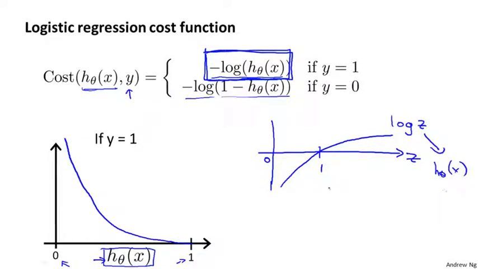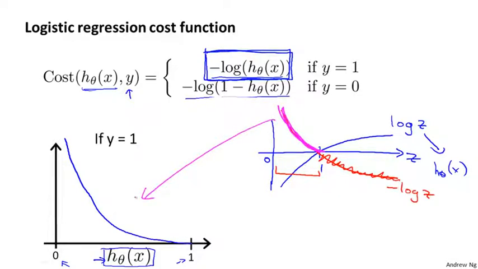And so minus log z will look like this, right? Just flipping the sign, minus log z. And we're interested only in the range of when this function goes between 0 and 1. So get rid of that. And so we're just left with this part of the curve. And that's what this curve on the left looks like.